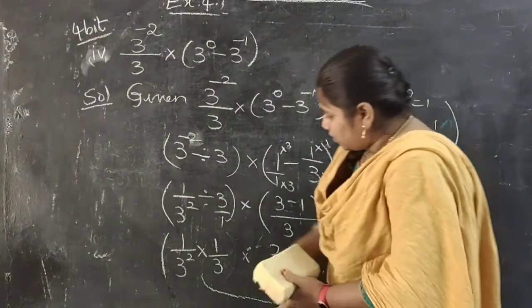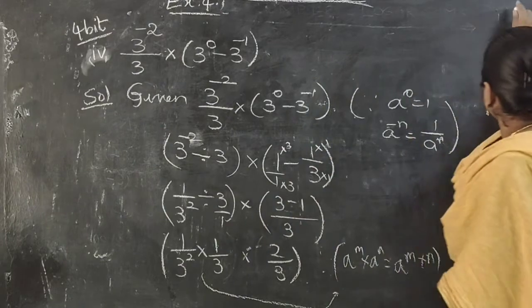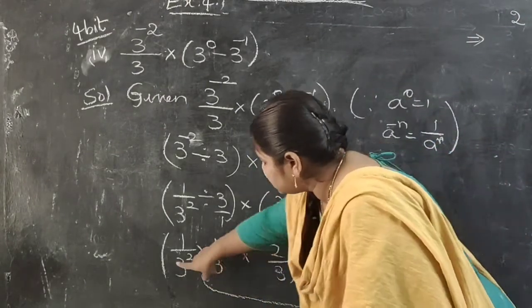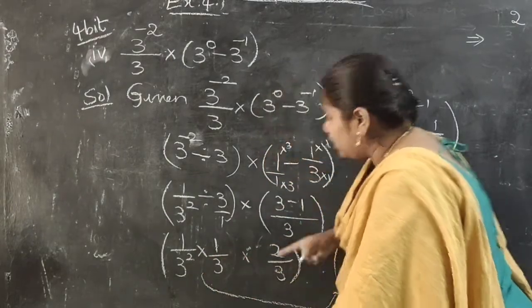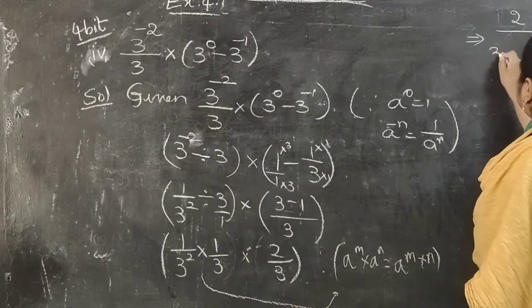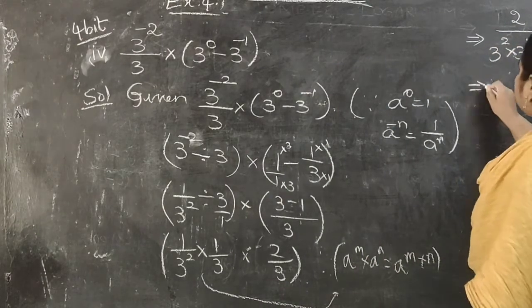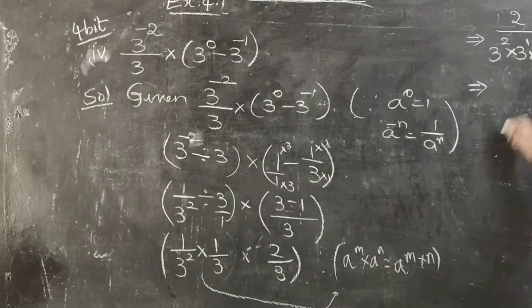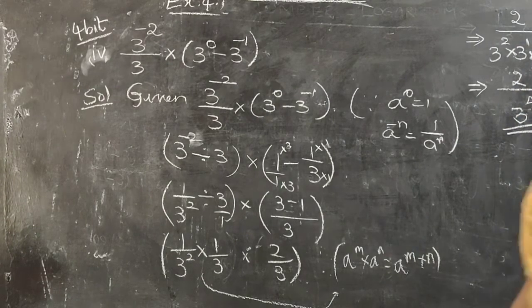Here, all the numerators you multiply: 1 ones are 1, 1 2s are 2, and all the bases are equal, so we have to add all the powers. 2 plus 1 will be 4. So that will be 3 square into 3 power 1 into 3 power 1. Here we are applying a power m into a power n is equal to a power m plus n. That will be 2 by 3 power 4. So what is the final answer? 2 by 3 power 4.